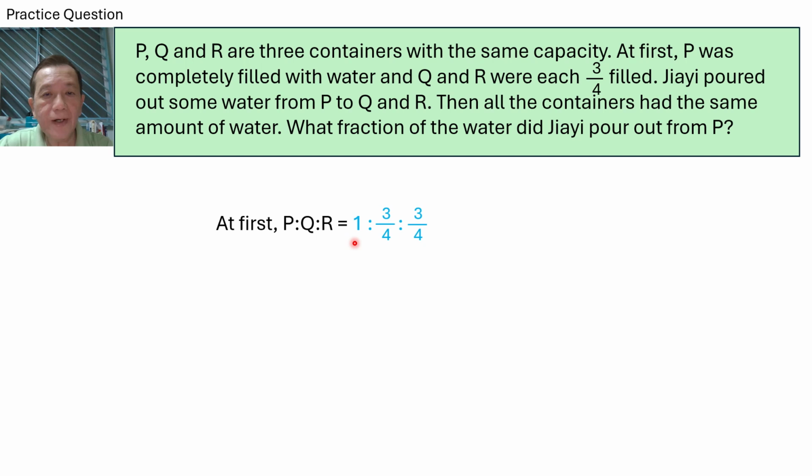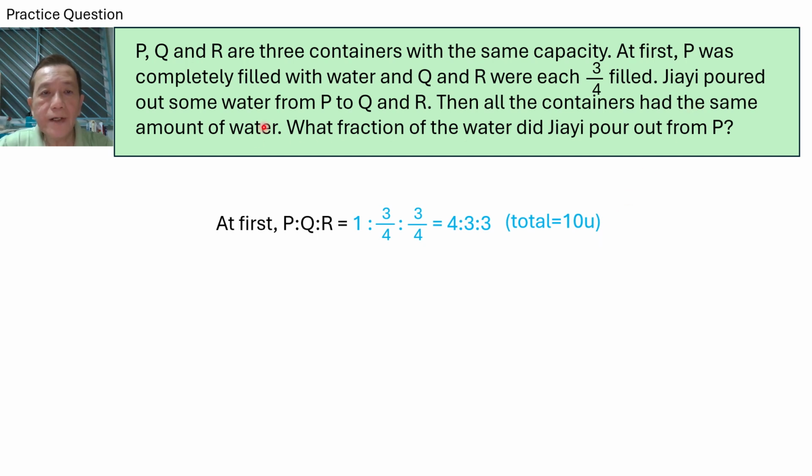We can multiply each of this by the denominator 4. 1 times 4 is 4. 3/4 times 4 is 3. So now we have a simpler ratio. The total is 10U.